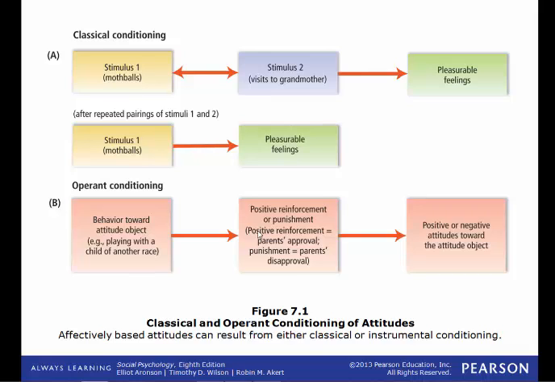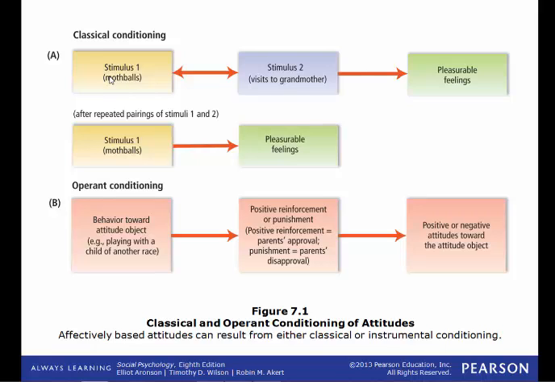So another example here, you see for classical conditioning where we're just talking about learning and association. Assuming that you had a good relationship with your grandmother, then maybe visiting your grandmother led to a pleasurable feeling. You enjoyed being with your grandmother, right? Now this is natural. Nobody had to teach you this, assuming you have a good relationship. But maybe your grandmother's house smells like mothballs, which I don't really know.